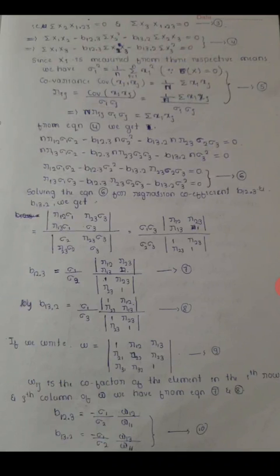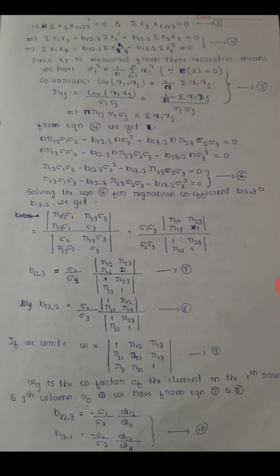The correlation coefficient rij is equal to covariance of xi xj divided by sigma i into sigma j, that is equal to 1 upon n summation xi xj divided by sigma i into sigma j, that is equation number 5. Therefore, n into rij sigma i sigma j is equal to summation xi xj. Using this relation, we simplify equation number 4.